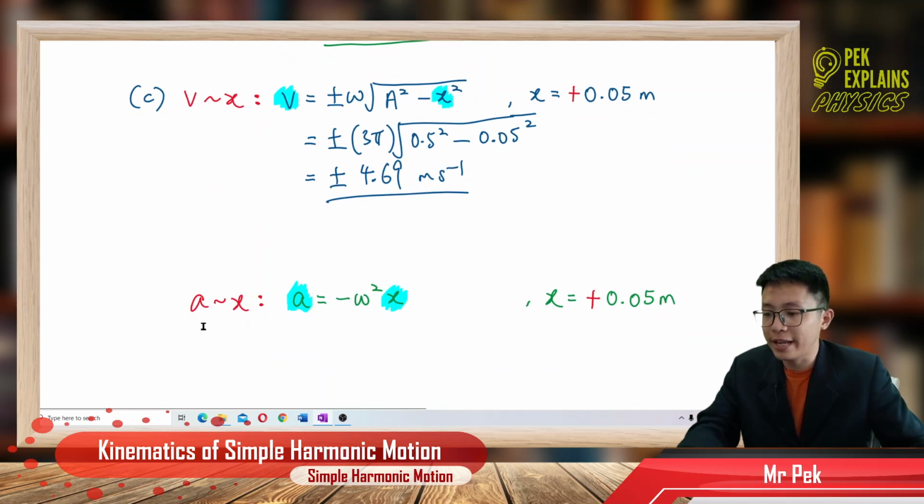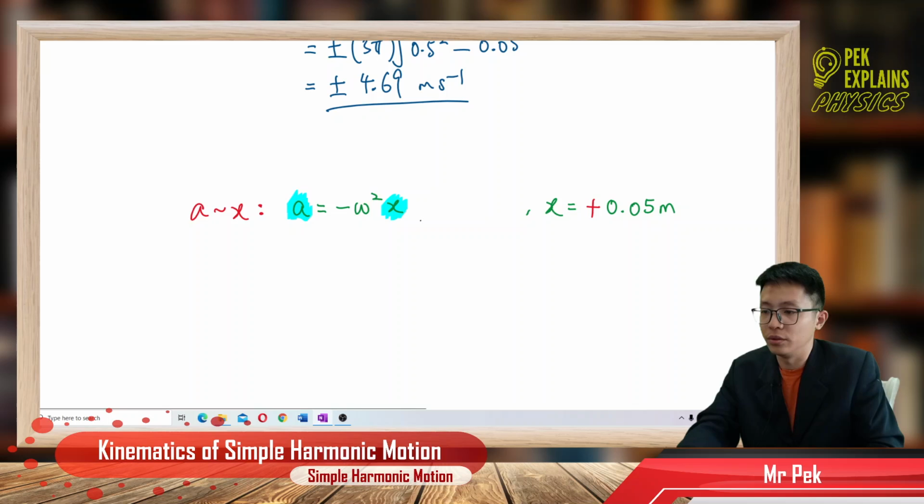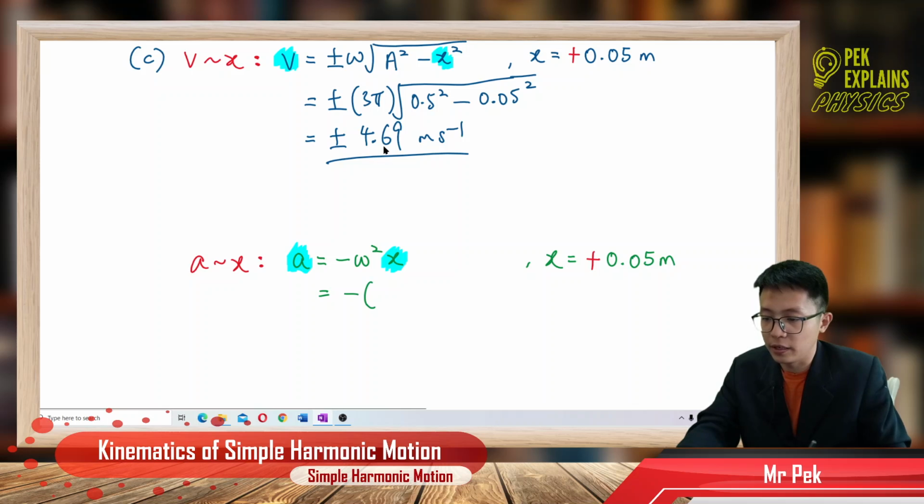Now, to find acceleration, acceleration-displacement is a equals negative omega squared x. So just use the formula. Omega is 3 pi, and our x is 0.05. That's our answer: negative 4.44 meter per second squared.